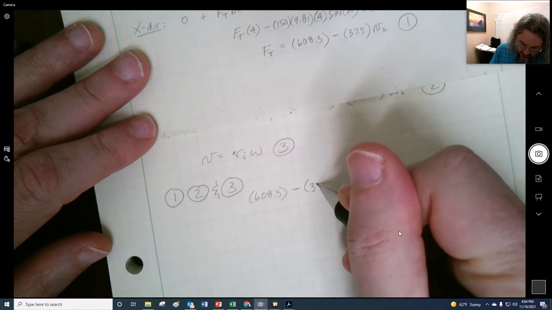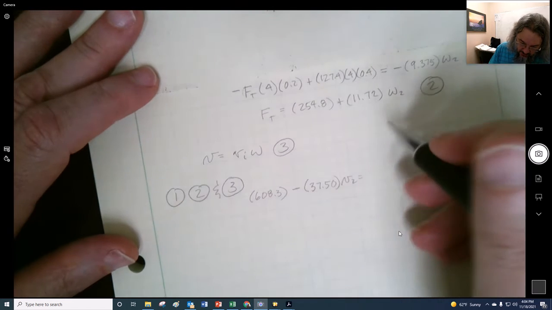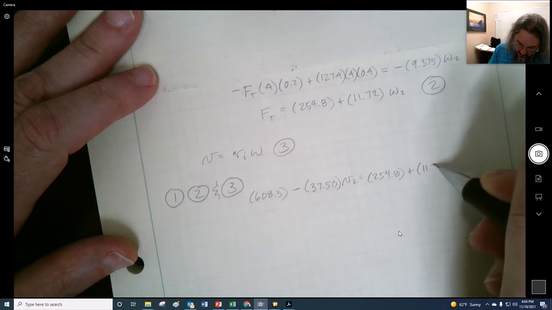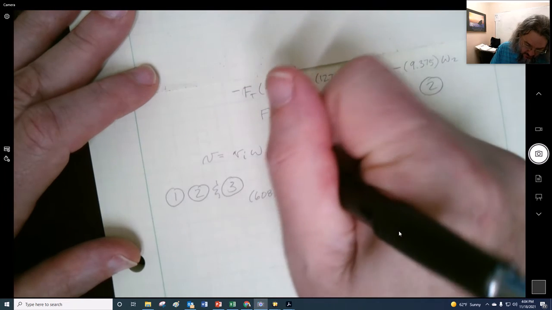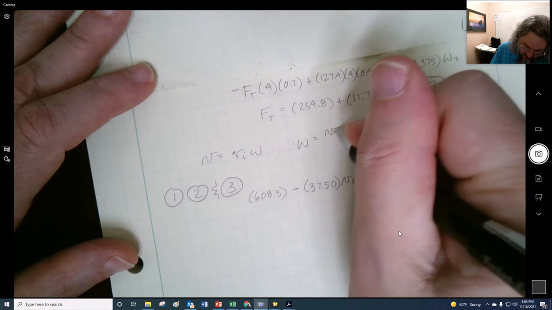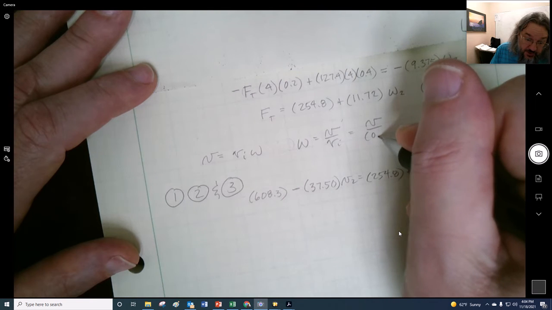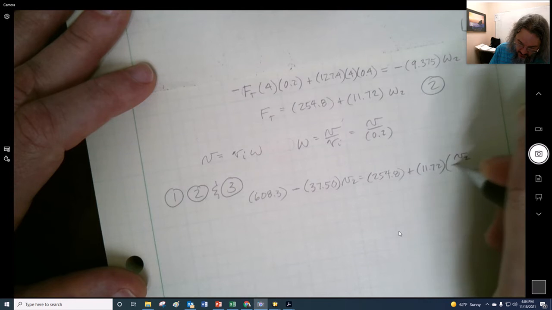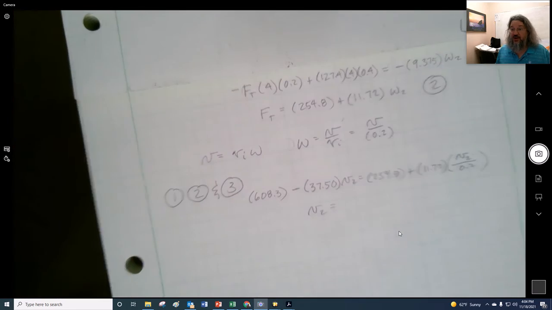So we'll 37.5 V2 is equal to 254.8 plus 11.72, and maybe we could say that omega is equal to V over Ri, which is going to be V over 0.2, right? V2 over 0.2. And hopefully we get a positive number, right?